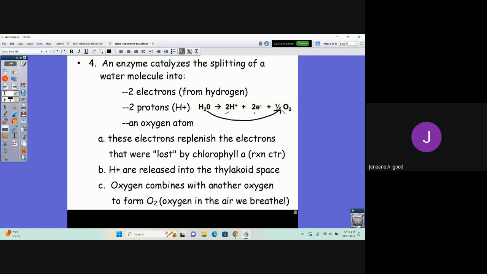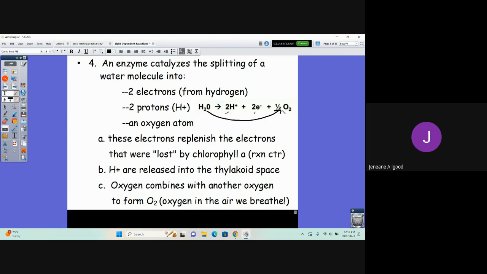I drew the arrow in from water to oxygen, meaning a very common question to be asked is, from what molecule do we get the oxygen in the air we breathe? Okay, it comes from water. Some people want to say it's CO2. CO2 is not even part of the light reactions. It's part of the Calvin cycle that we'll do Monday. So you can't just look at something that has oxygen in it and say, oh, oxygen could have come from there. CO2 is not even part of this process. There's no CO2 here. So when water gets split, that's where we're getting that oxygen in the air we breathe.